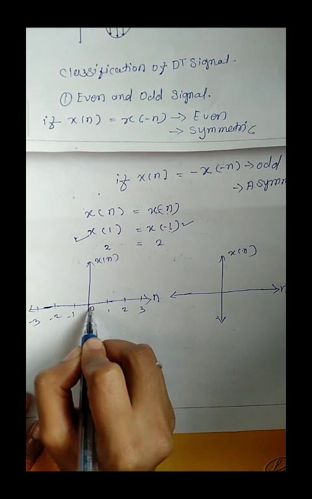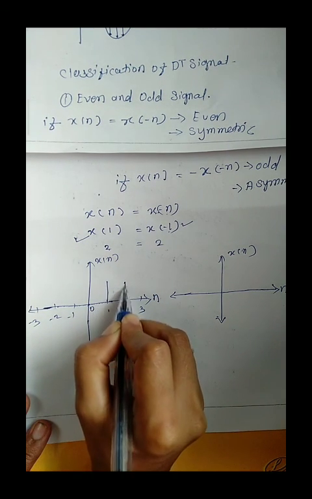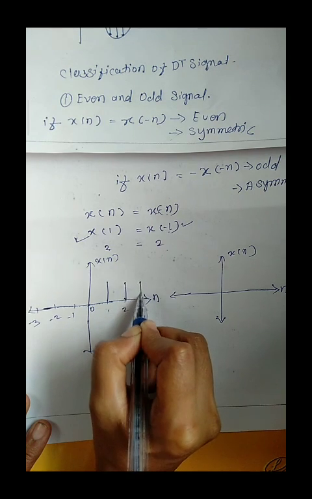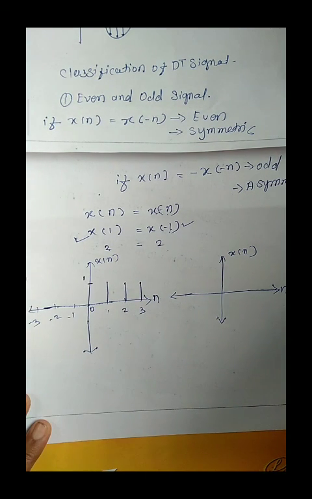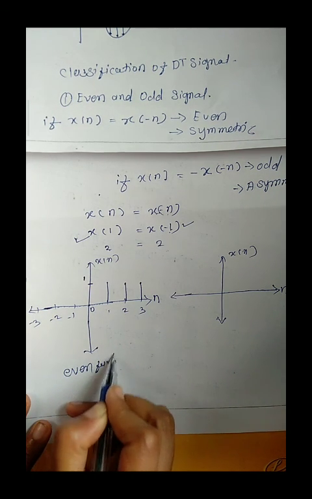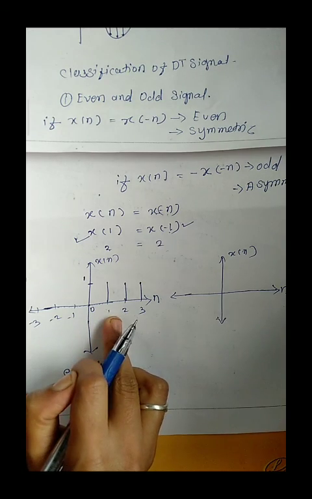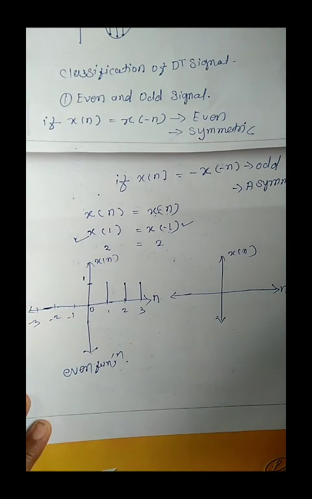If x of 1 is 1, x of 2 is 1, x of 3 is 1, then for an even function x of n is equal to x of minus n.